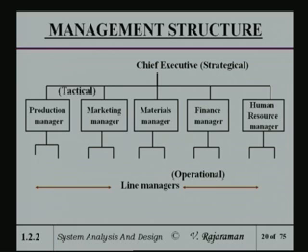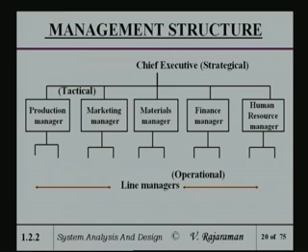Now, as I said, the chief executive takes strategic decisions, and for each of these different areas like production, marketing and so on, there is somebody in charge. That will be a vice president marketing, or a vice president of materials, and there will be a vice president of finance.